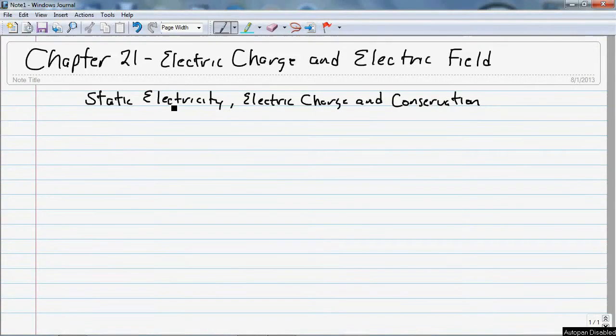So let's start our discussion with electric charges by talking about static electricity. And this field is called electrostatics. And basically, electrostatics just means that the charges are not moving.